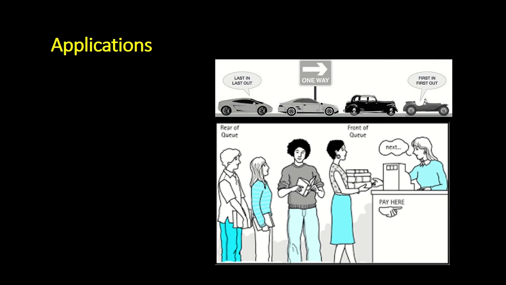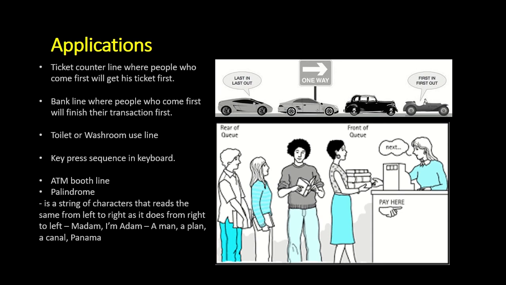So it's the same here when you fall in line. Whoever was the first one to arrive is also the first one to be served or to do their transactions.